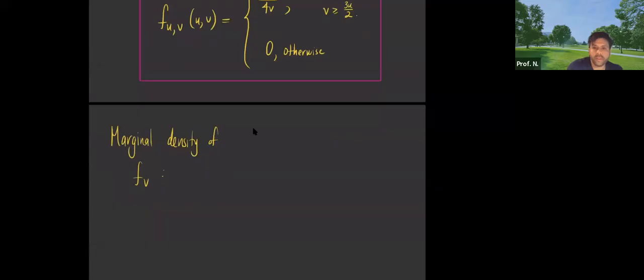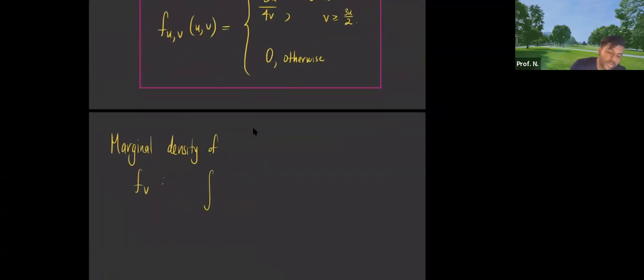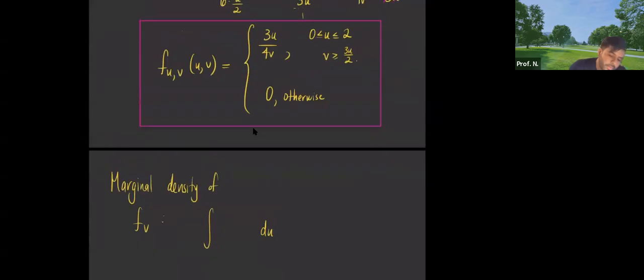We can integrate with respect to du, right? So this is f of v. u goes from 0 to 2 of 3u over 4v.